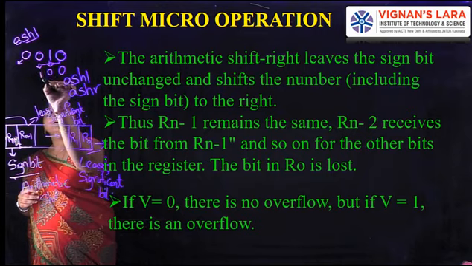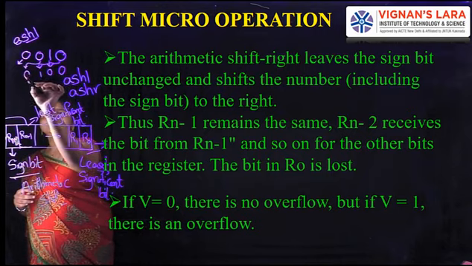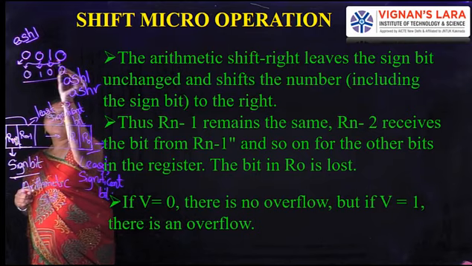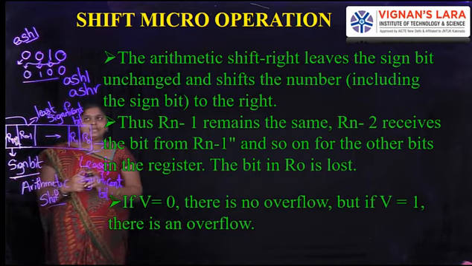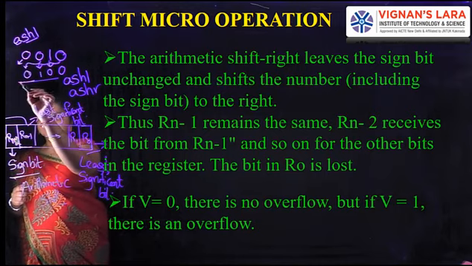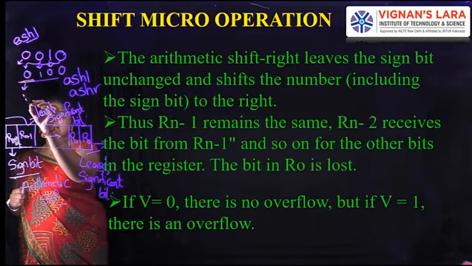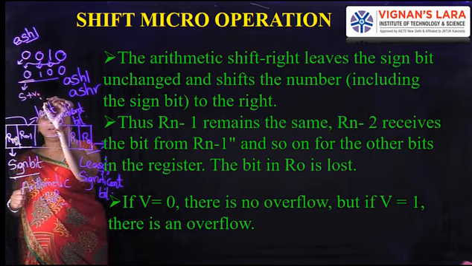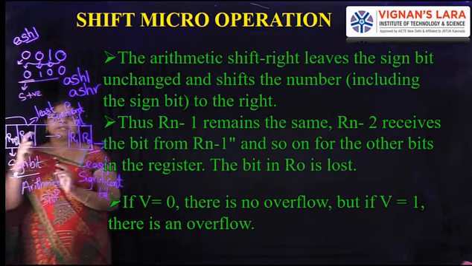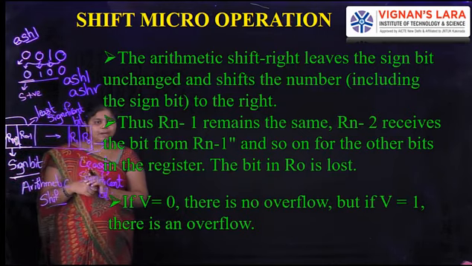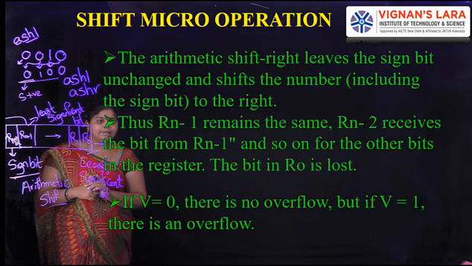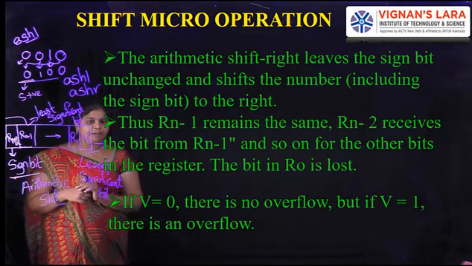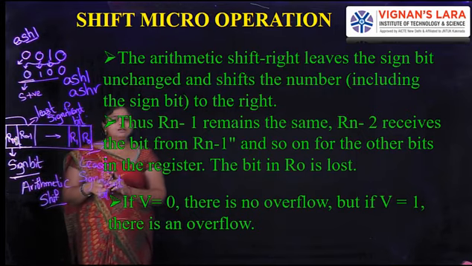Here also information is lost. One bit is moved to the 1 position. Here the final most significant bit represents whether it is a positive or negative number: 0 means positive, 1 means negative. The arithmetic shift right leaves the sign unchanged and shifts the number, including the sign bit, to the right side.